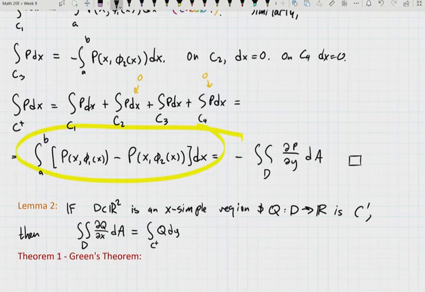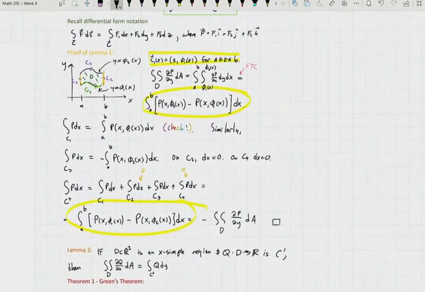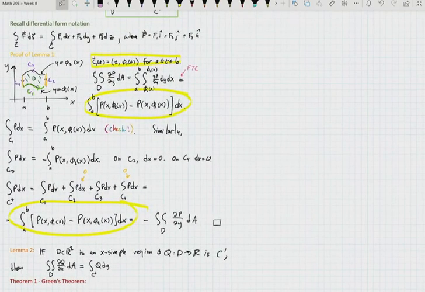The only meaningful difference between this lemma and the previous lemma, does anyone see what's different between the two lemmas? There's no minus sign in this one. Anyone know where the minus sign went? It has to do with orientation.